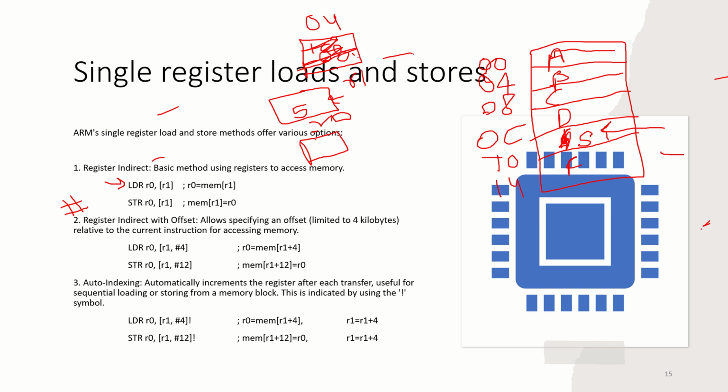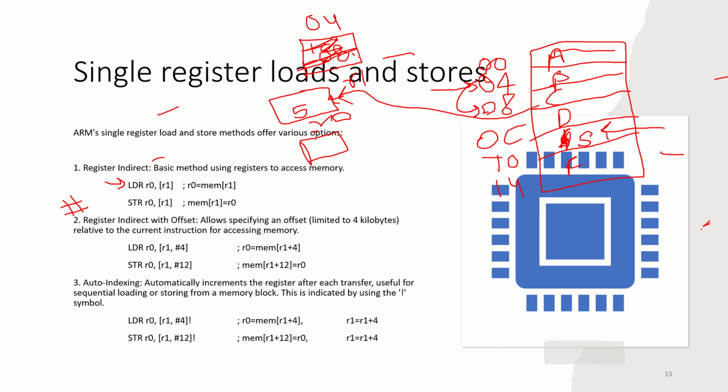So where is 04? Here is 04. Then we provide an offset of 4. So R1 plus 4, 04 plus 4, this value is going to be loaded into R0. So that is an offset, meaning not the address of R1, but a particular offset of 4 is provided.